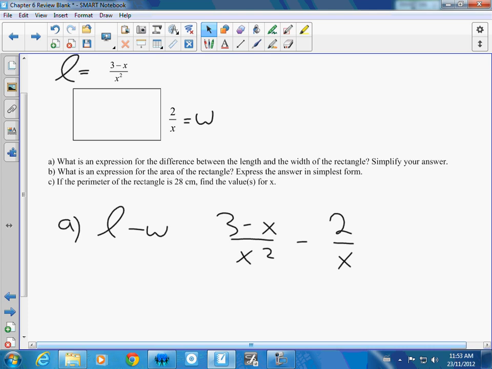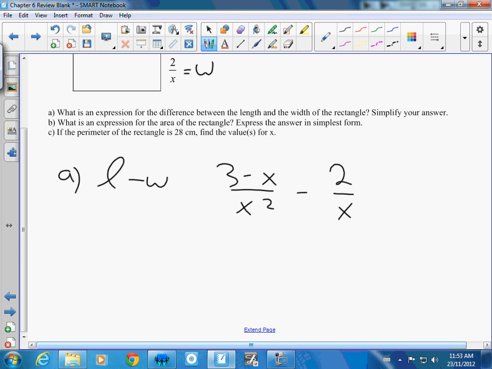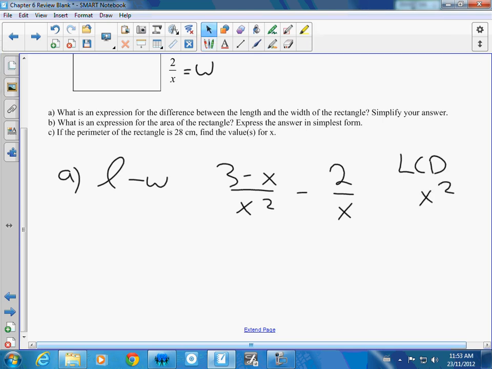It would work, but is it the lowest one? No. So what's our LCD in this case? X squared. Why can't it be x? Good question. Because x squared does not go into x. Each one has to be able to divide into it. So x divides into x, but x squared does not divide into x. It has to be the larger of them. That's why I asked you if x cubed would work.